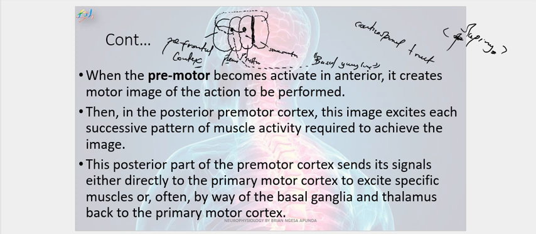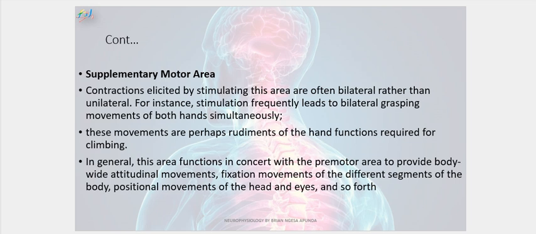So just before we go to the basal ganglia, let's appreciate a little bit the role of the supplementary area of the motor. This is also a very important area of the motor. Contraction elicited by stimulating these areas is often bilateral rather than unilateral. For instance, stimulation frequently leads to bilateral grasping movements of both hands simultaneously.